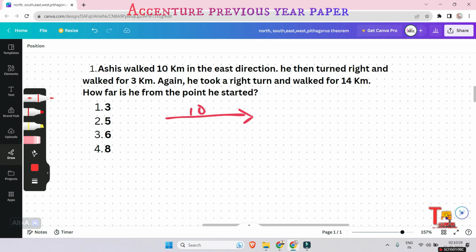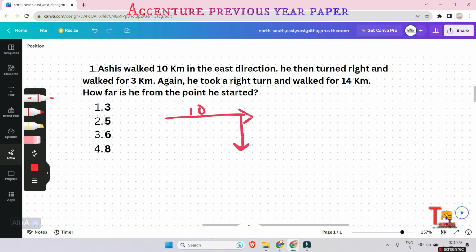Guys, in directional sense problems, those who have greater imagination power can solve the problem easily. So imagine that you are walking instead of Ashish, and you will solve this problem easily. He turned right, that means towards the south direction, and walked for 3 kilometers.